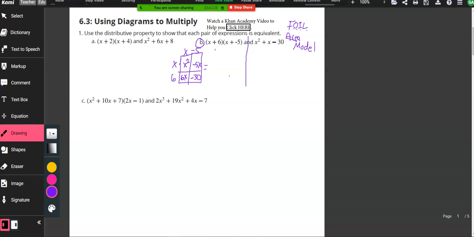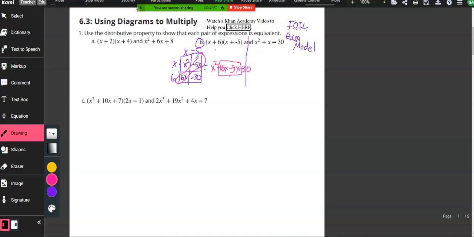Finally, what happens here, usually these two boxes combine. So then if I put all the boxes together, it'll be x squared plus 6x minus 5x minus 30. Okay, I put all 4 boxes like this.